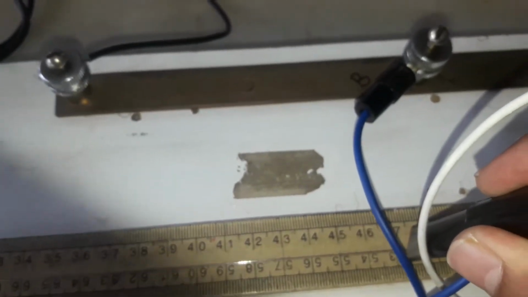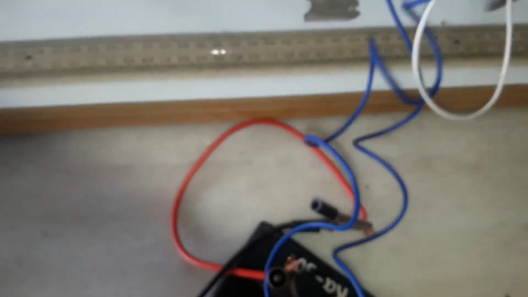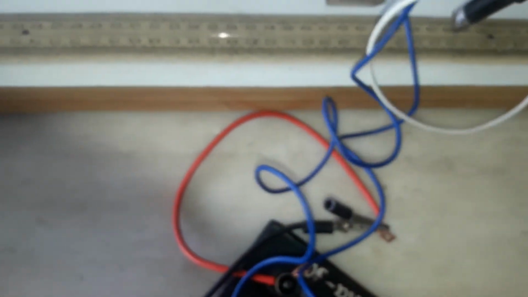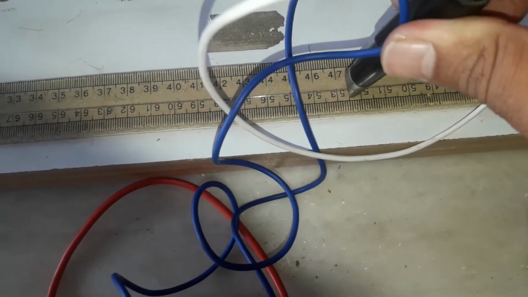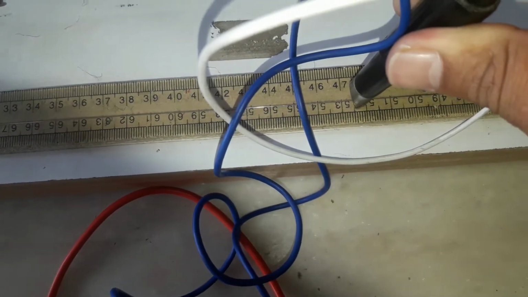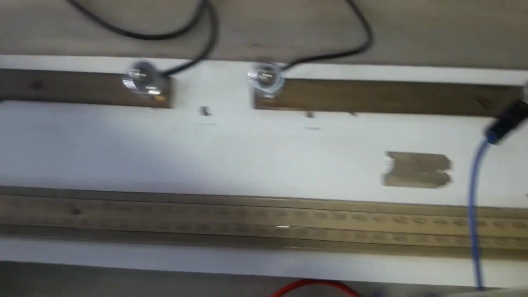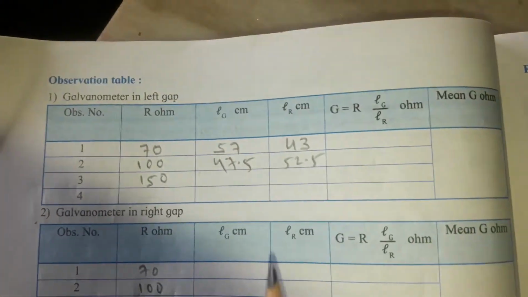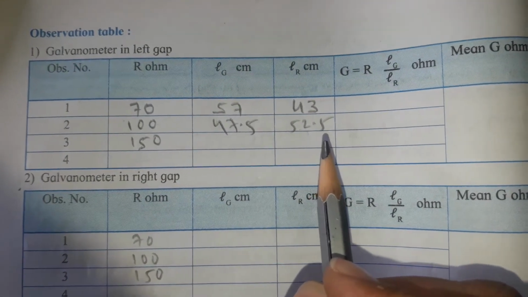If you see the reading carefully, my reading is this, 47.5. So LG is 47.5 and LR is 52.5.